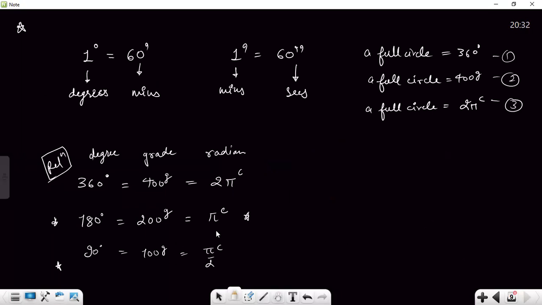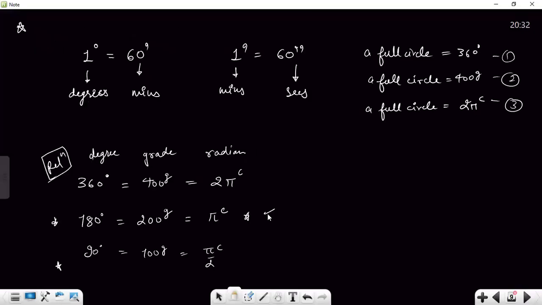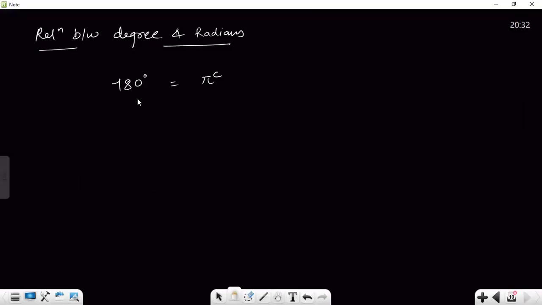Now, as we are discussing the relationship, what is more important and will be very useful for you is the relationship between degree and radians. The interconversion is important. So here we have talked about that 180 degrees is equal to pi radian. Yes, 180 degrees is equal to pi radian.